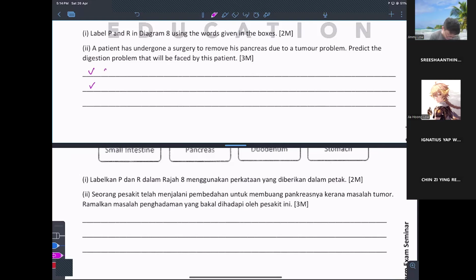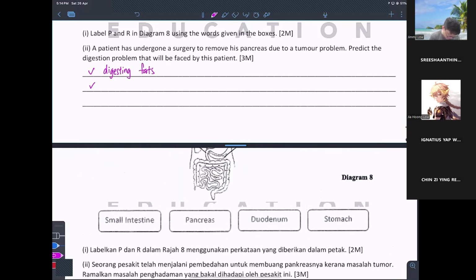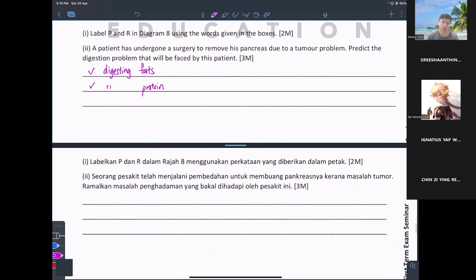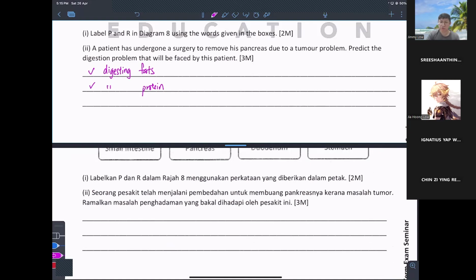One, digesting fats. Two, digesting proteins. Because in your pancreatic juice you have proteases and you have lipase. Because of the lack of a pancreas, your pancreatic juice, which contains these two things, is missing.